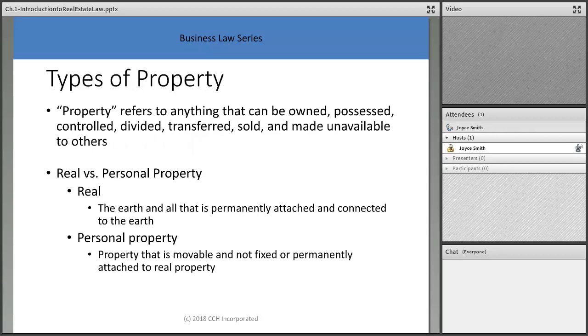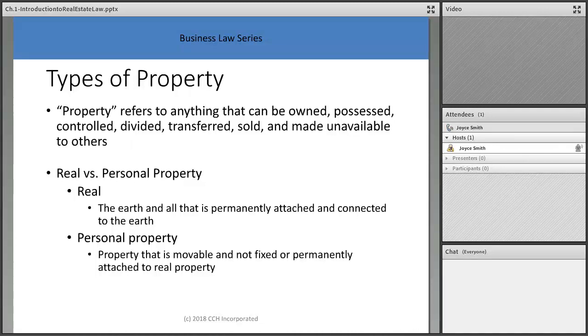Types of property. Property, anything that can be owned, possessed, controlled, divided, transferred, sold, and made available to others, would be called property. We have two types of property. We have real property and personal property. Real property is the earth and all that is permanently attached and connected to the earth.